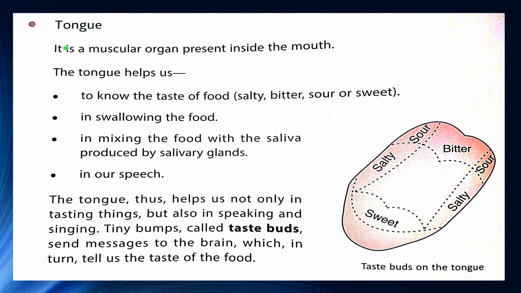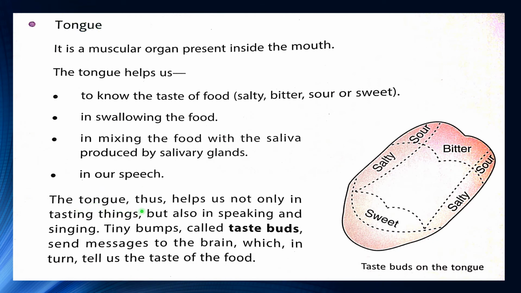Tongue. It is a muscular organ present inside the mouth. The tongue helps us to know the taste of food: salty, bitter, sour, or sweet. It also helps in swallowing the food, in mixing the food with the saliva produced by salivary glands, and in our speech.